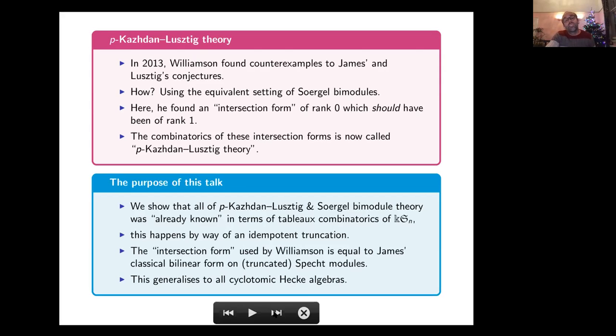And this generalizes to cyclotomic Hecke algebras as well. So it's not just the symmetric groups. You can also do this for complex reflection groups, the infinite families, cyclic groups, Riche symmetric groups. And there was a conjecture here by Plaza and Libedinsky, and you can verify the conjecture this way.